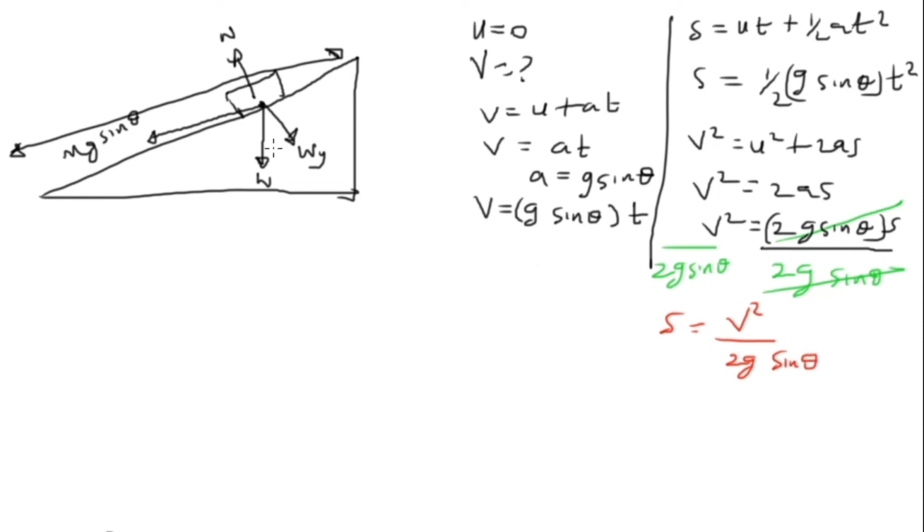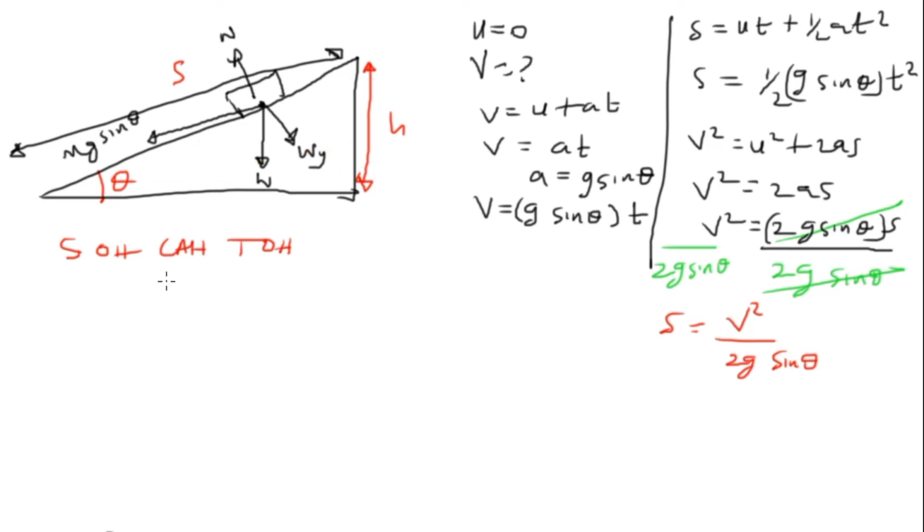Notice that you may also want to find the vertical height from which the object falls, where this is angle theta. To find the vertical height, since this is s, the relationship between s, h and theta is that of SOHCAHTOA. Notice that we have this as the opposite, and then we have this as the hypotenuse.